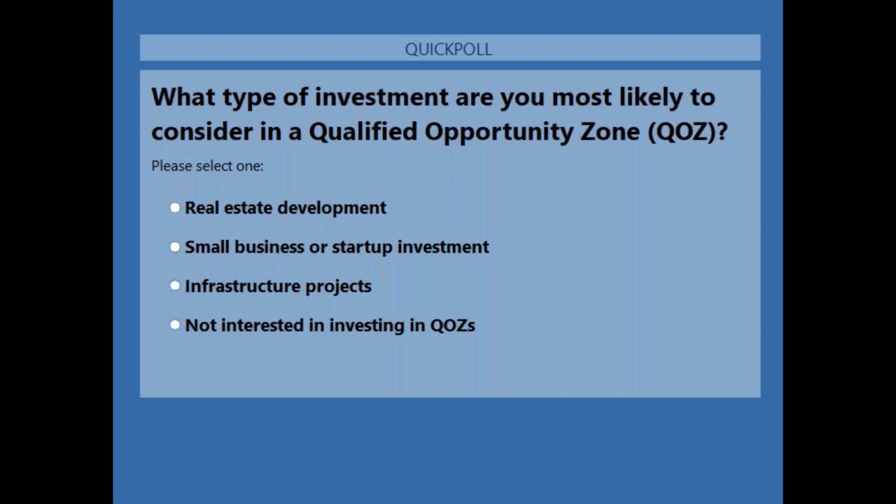One point to point out is that A, B, and C, all three of those things would qualify. It's just more of a personal preference that we're curious about from seeing the investments that your clients have, which is more likely, in your opinion, to be something that would be useful and handled with your clients.